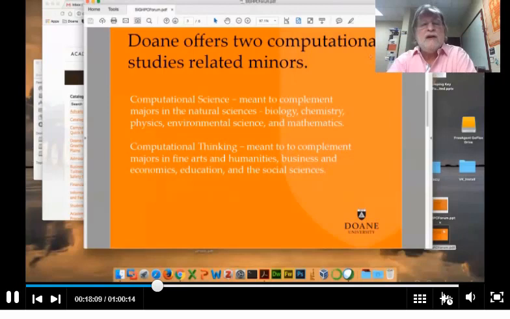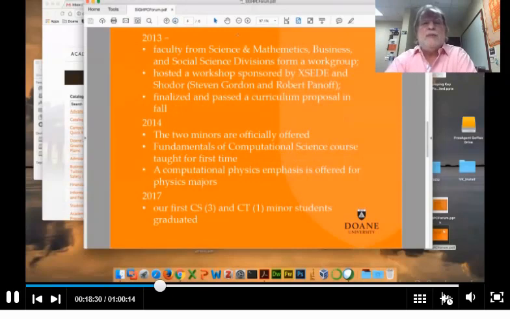And then we also have a computational thinking minor, which is really meant to complement other kinds of majors, mainly the people in the fine arts and humanities, business, education, and social sciences. So those are the two programs that we offer, two minors. Let me explain a little bit about the timeline.